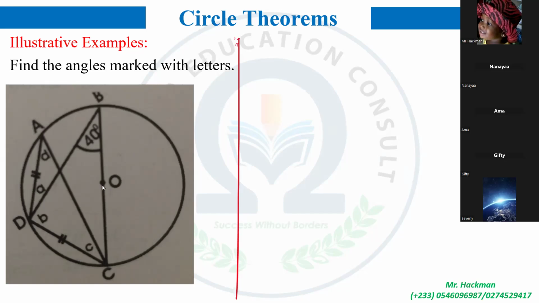you will see that O is the center. In the question, you were told that O is the center. So if O is the center, then this line is what? Remember what I told you, steady. I can see triangles, so it means the question wants me to make use of triangles. I can see a diameter, then it means the question wants me to make use of the theorem connecting diameters.